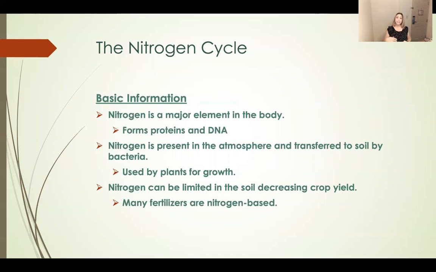Right, so nitrogen is actually a major component of our atmosphere. It's necessary for plants to grow. And actually, a lot of times in areas where a lot of crops are grown, there's not enough nitrogen. It gets depleted.